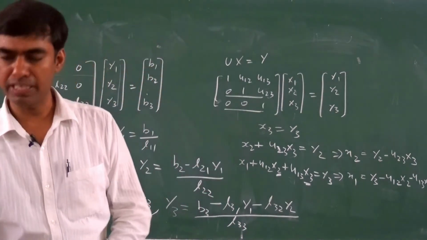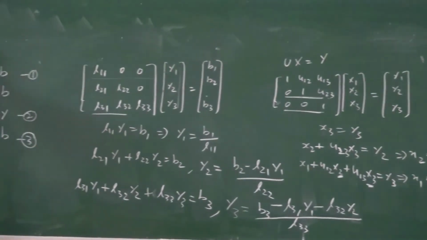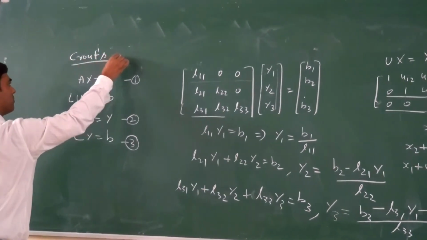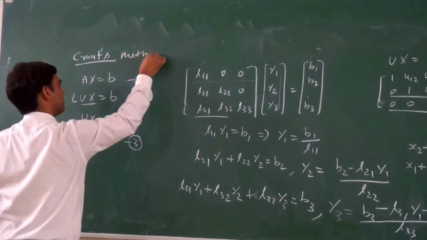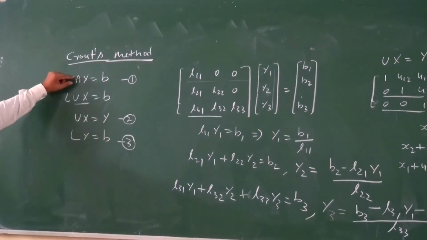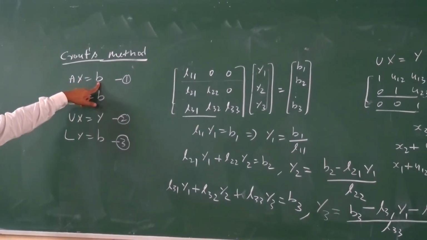So what is the summary of Crout's method? First we write the given system of equations, Ax equals b, which is the given system of linear equations.